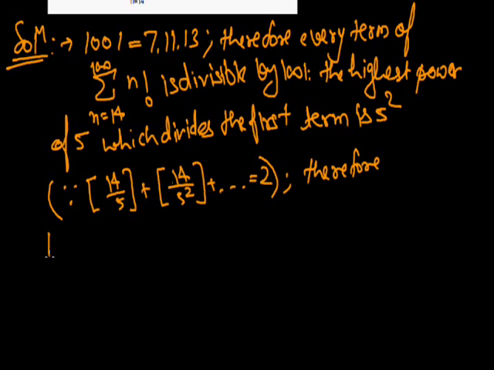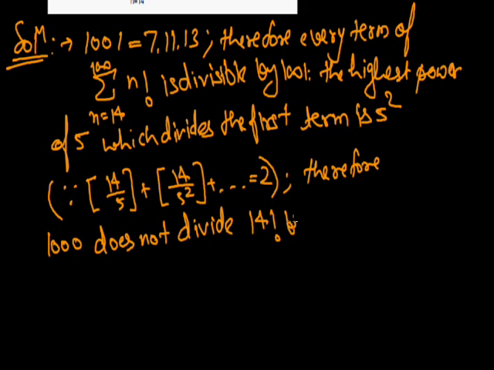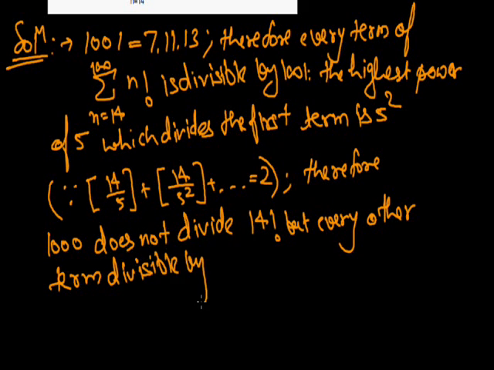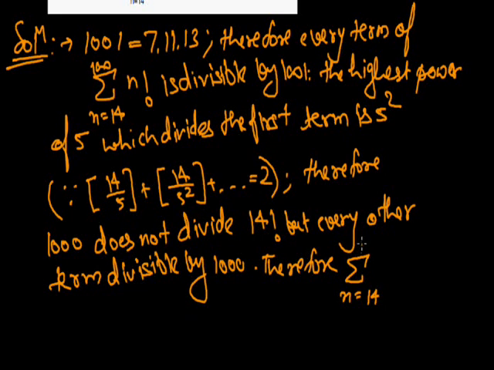Therefore 1000 does not divide 14 factorial, but every other term is divisible by 1000. Therefore we can say that the summation of n factorial from n equal to 14 to 100 is not divisible by 1000.